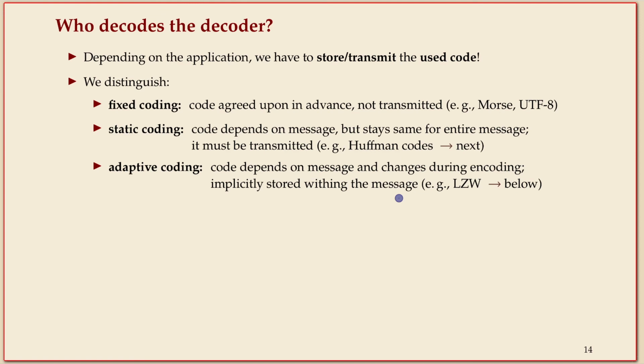But this is what makes these codes a little more tricky. Now we'll see an example of each of these. So this is just for the distinction of the terminology. Fixed versus static. Fixed coding means everyone in the world knows what that code is. Static means it's the same code for the entire text, but the code still depends on the text. And adaptive is anything else.